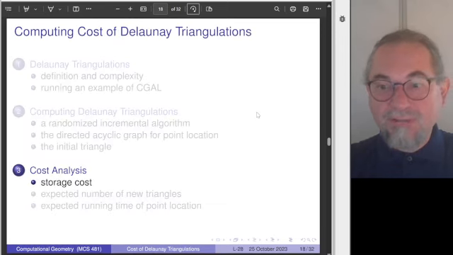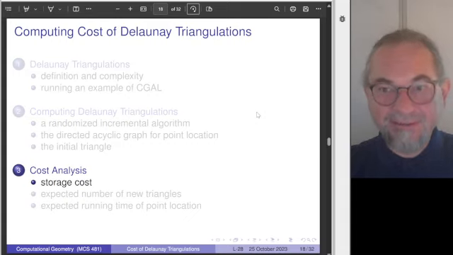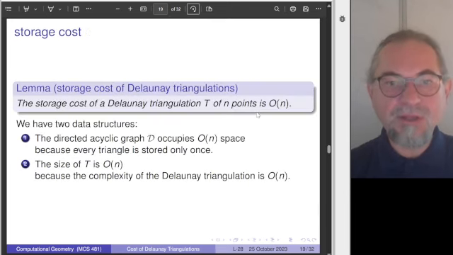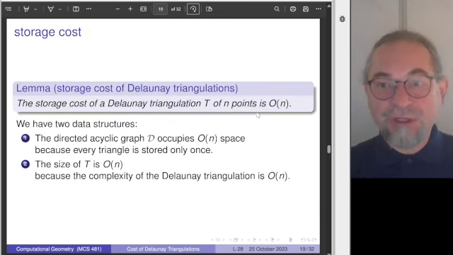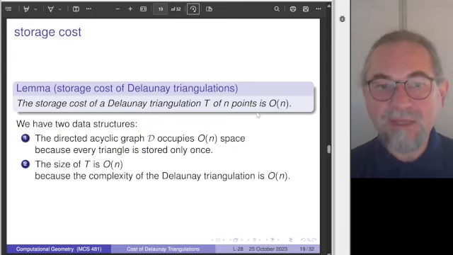All right, I'm halfway, so let's now start with the effective analysis of the costs. Let's start with the storage cost. We have the directed acyclic graph, and it stores every triangle only once.